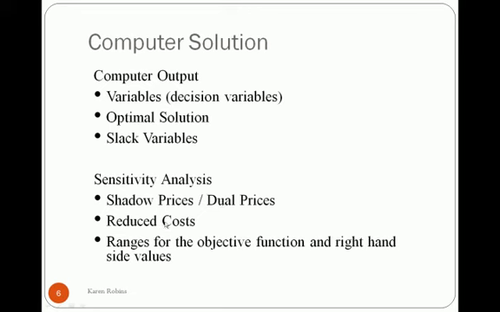The reduced cost tells us how much we have to reduce the cost or increase the profit on one of our products, Chocos or Flakers, in order for it to start being produced. And the ranges for the objective function and right-hand sides can be found from this. So the current solution will be valid within the ranges given for the objective function and the right-hand side values.